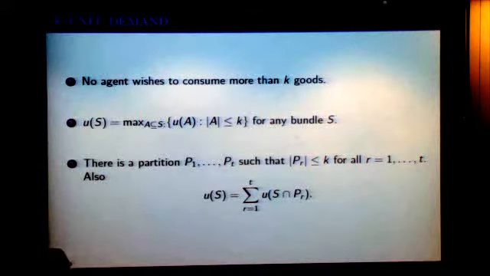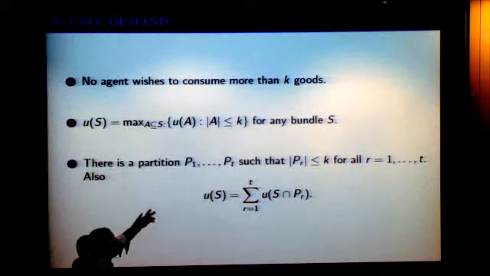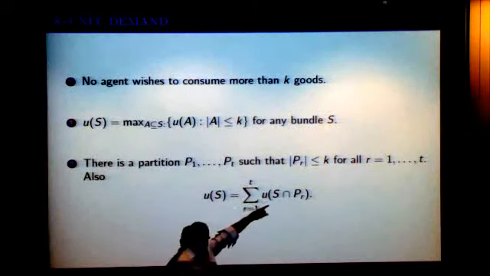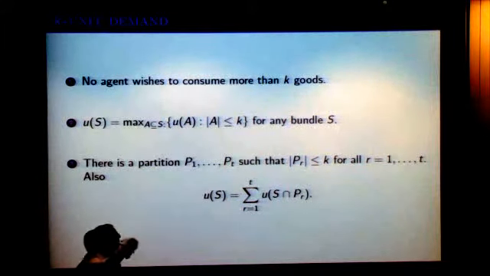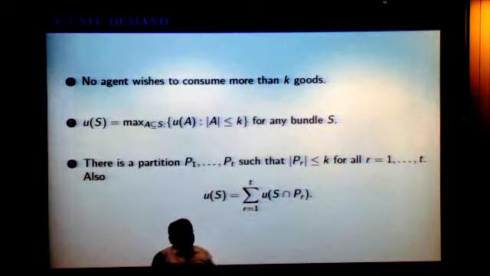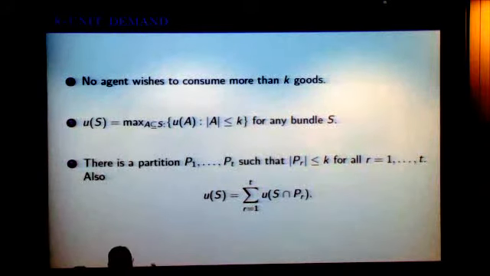There's a third assumption, which is another way of phrasing this: there's a partition of the objects. Each element of the partition is of size at most k, and your utility for a bundle is given by this. Within the element of a partition, the utility can take any form. So you can allow complementarities and substitutes, but across the partition, it's additive.